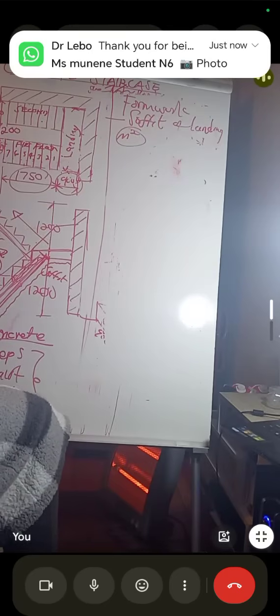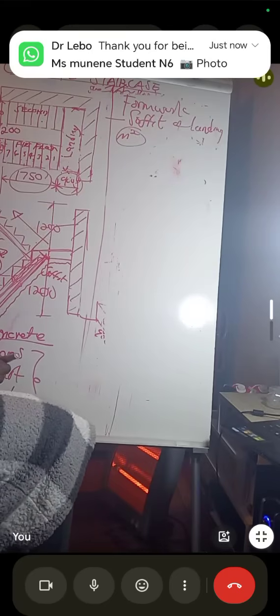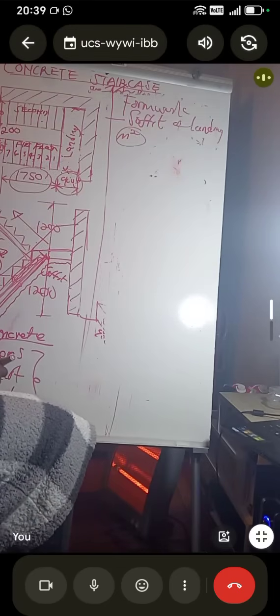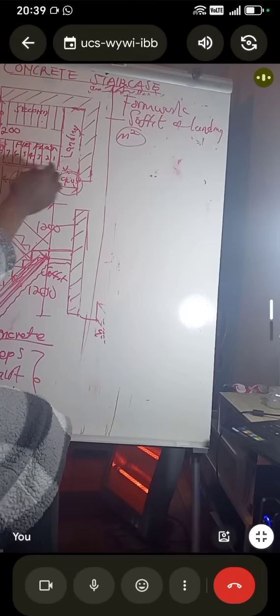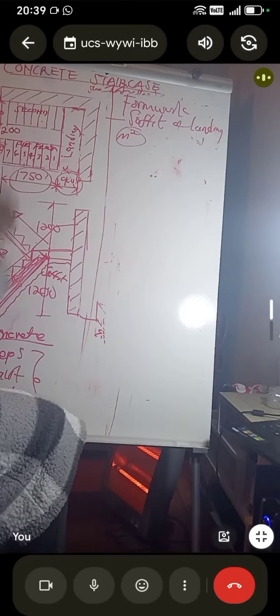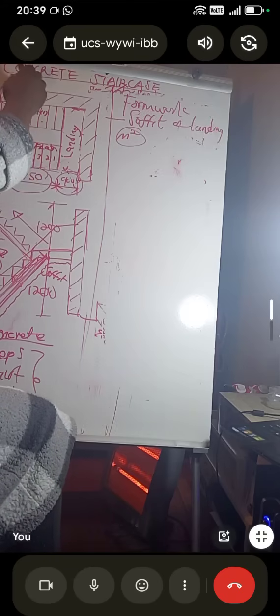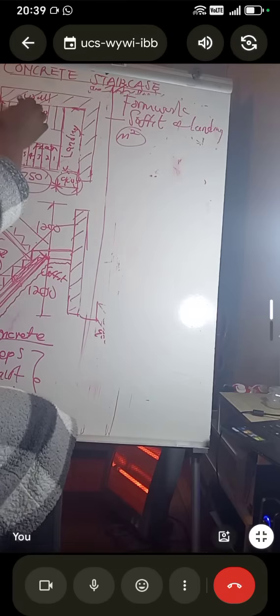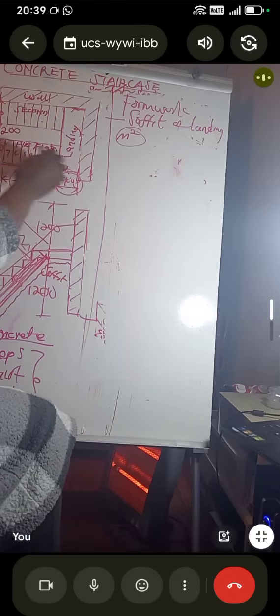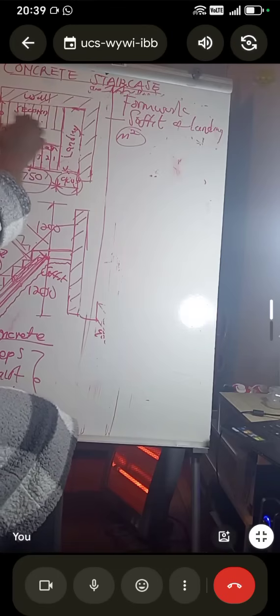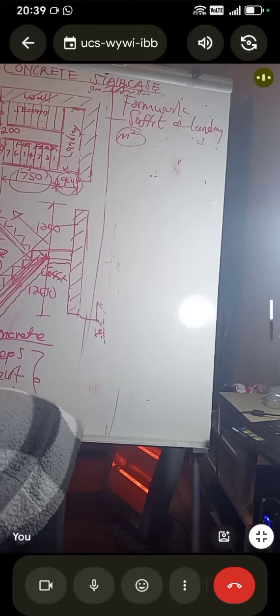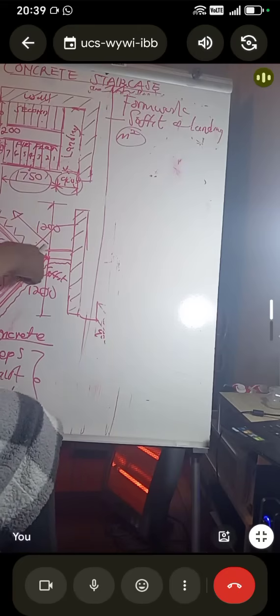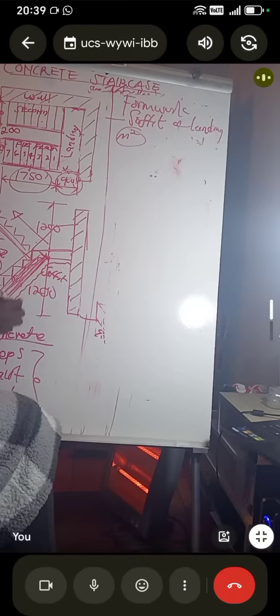So we go for the flight side. The flight side is at the end of the staircases. So at the end of the staircases here, 1. We're going to have 3. I think this one is attached with the wall. So we're going to have 1 side, 2 sides. It's formwork, remember? We have 3 sides. But the length here we know is a slope side, going down like this, which is 2044.